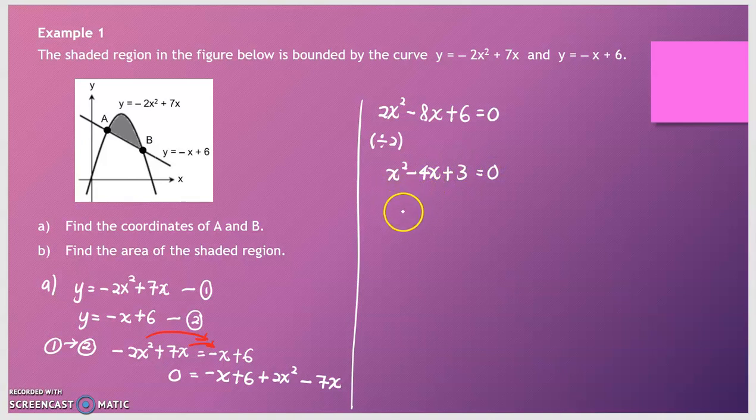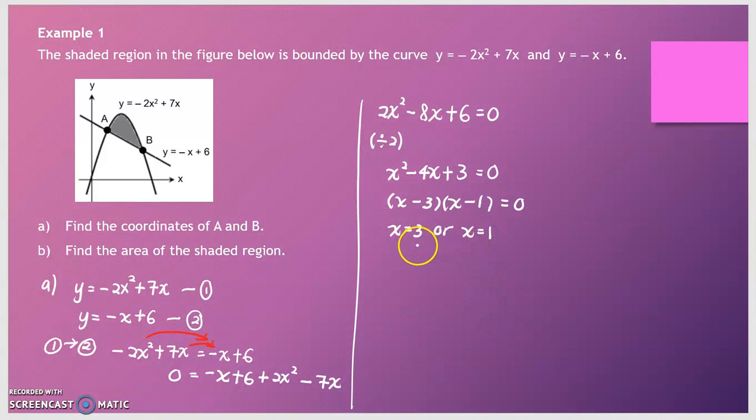You can use your calculator to factorize or you can do it manually. So here is, let's say x, negative 3, and x, negative 1 is equal to 0. So I try to factorize. So x will be equal to 3 or x will be equal to positive 1.